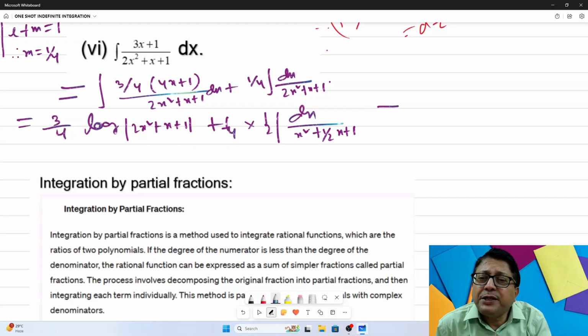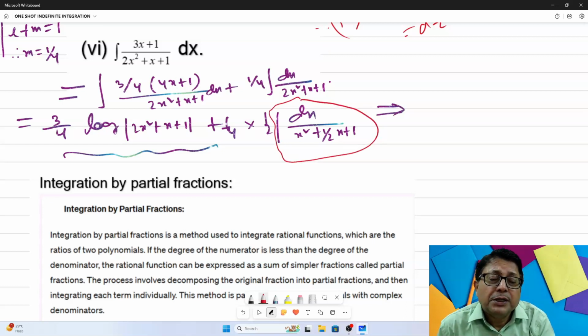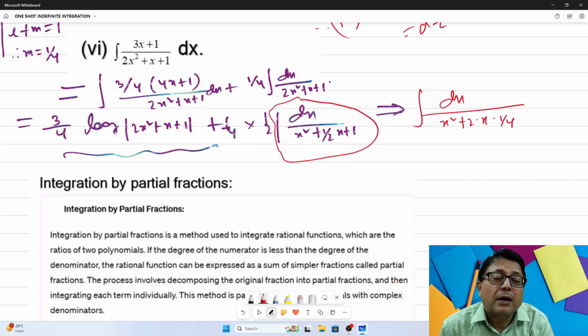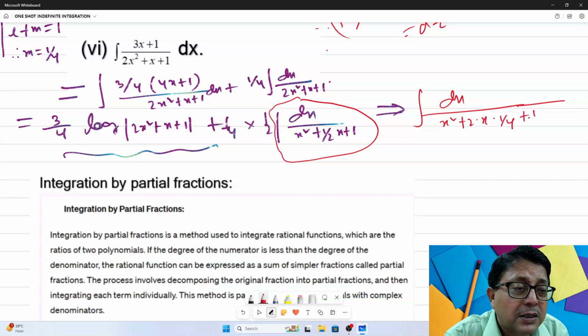So I am writing the second part only because first part is completed here. Only the second part we are going to practice now. This is dx by, you write, x square plus 2x into 1 by 4 plus 1 by 4 square.